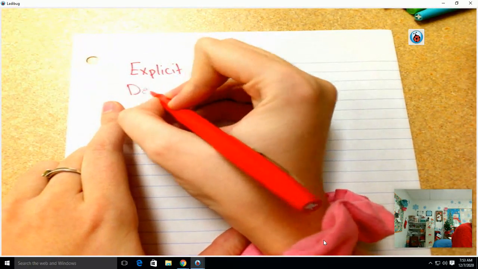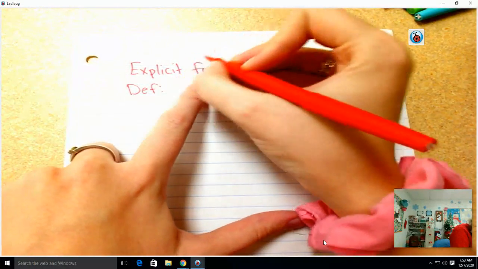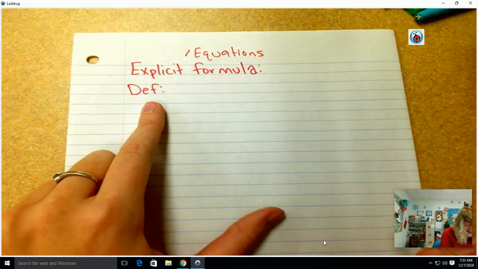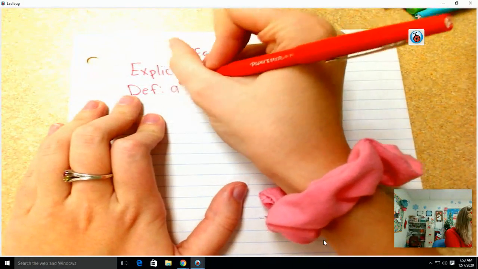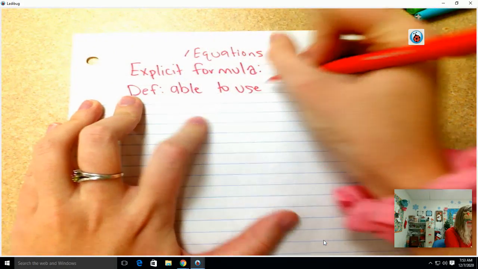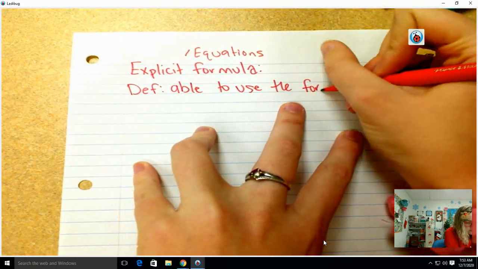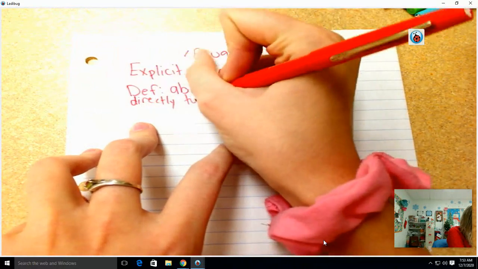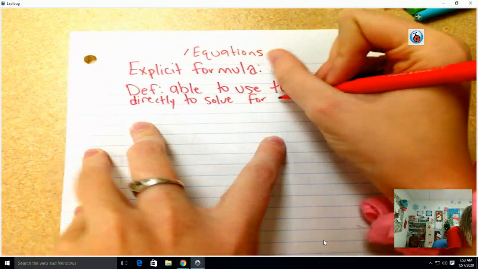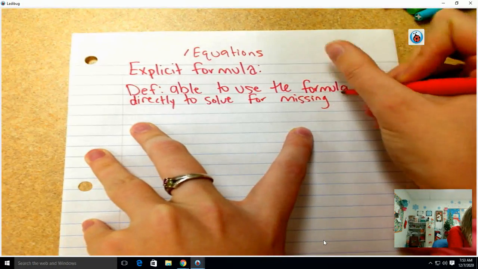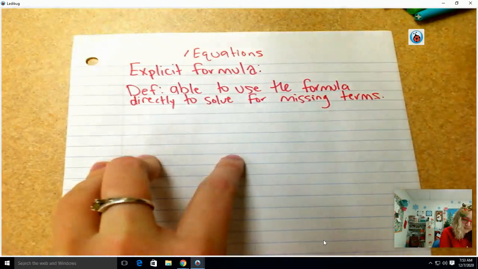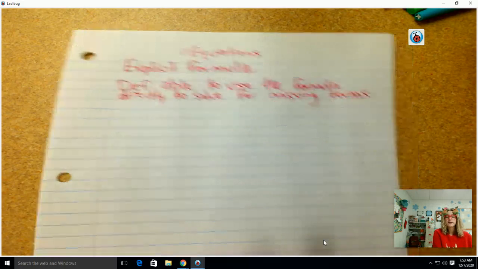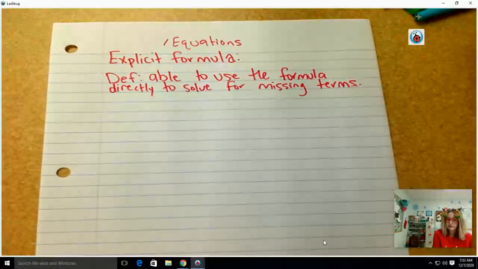So for the explicit formula, you're able to use the formula directly to solve for missing terms. Like in the recursive formula, I said we have to know the previous term in order to solve for the term that we're missing. For this one, I'm just able to use the formula it gives me. I'm able to solve for any term that it asks for.